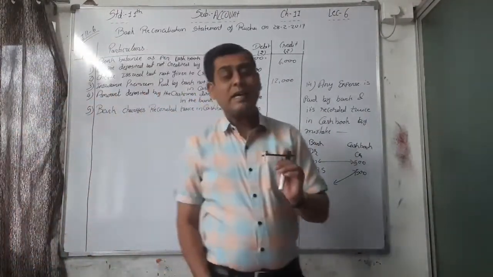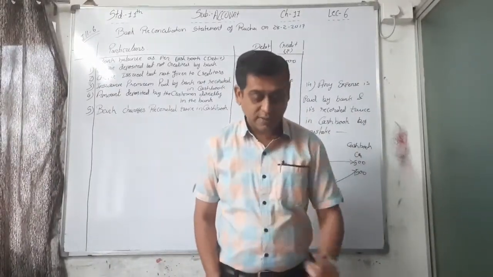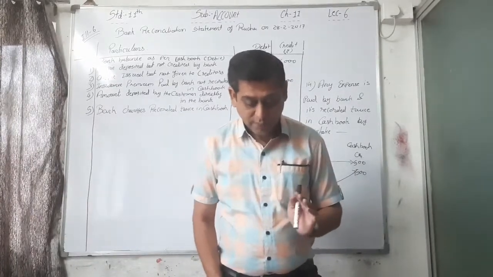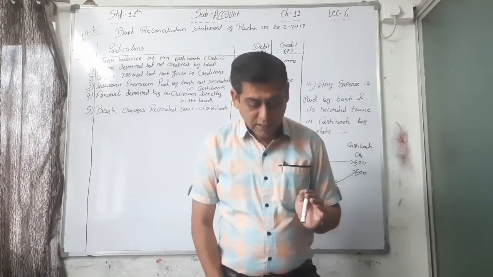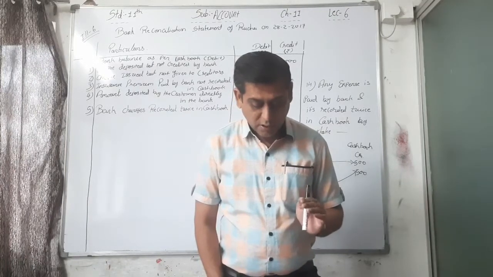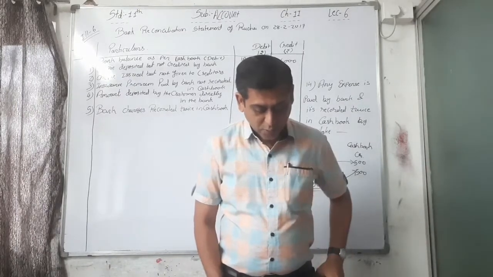Whenever the word dishonored is there, you just credit the amount, nothing else. Write down: check deposited with the bank dishonored. Dishonor of the check is not recorded in the cash book.